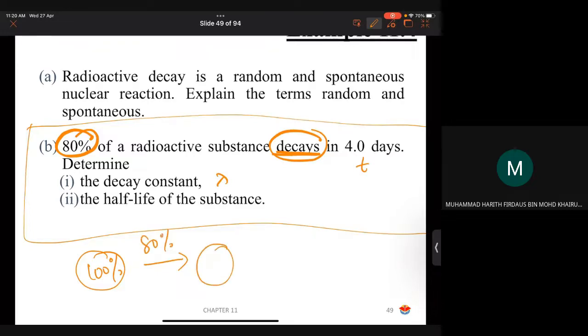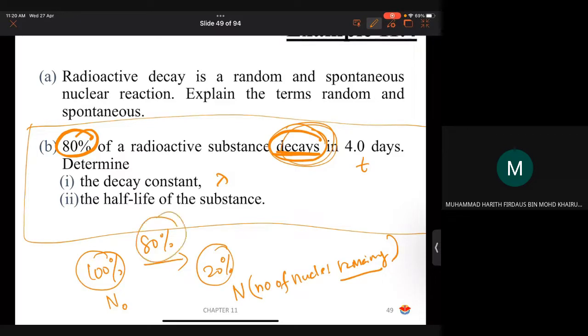Berapa je yang tinggal? 20%. So N0 you adalah 100%, N you adalah yang 20, sebab N ni adalah number of nuclei remaining. Remain, bukan hilang. Ni dah reput, yang reput 80%. So berapa je yang tinggal? 20.